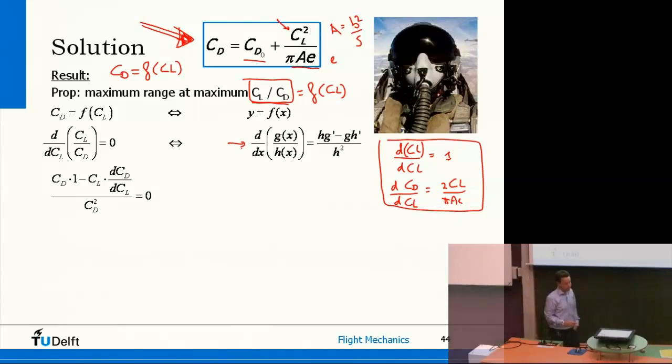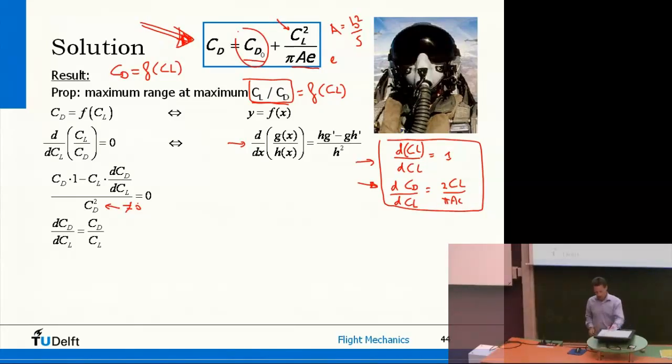So the top hand side has to be equal to 0. If I work that out, I find the derivative of CD to CL is equal to CD over CL. Okay? Now, I already have the derivative of CD to CL over here, and I have this function of CD on the top, so I can fill that in, and this is then what I get.